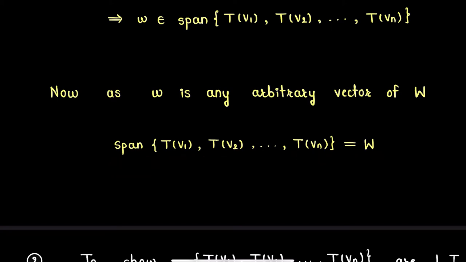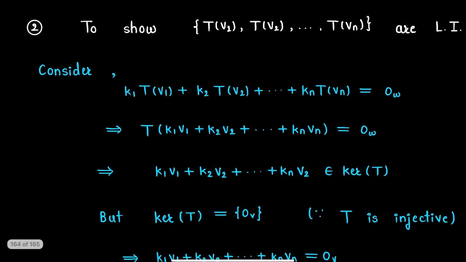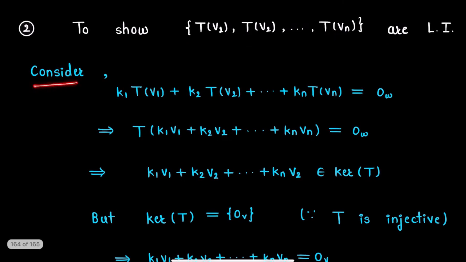vector space W. Now the next thing is to show that the vectors TV1, TV2 up to TVn are linearly independent. For this, consider the linear combination K1 TV1 plus K2 TV2 plus and so on plus Kn TVn is equal to the 0 vector in vector space W. Now to show that the vectors TV1, TV2 up to TVn are linearly independent, we need to show that the scalars K1, K2 up to Kn are 0.